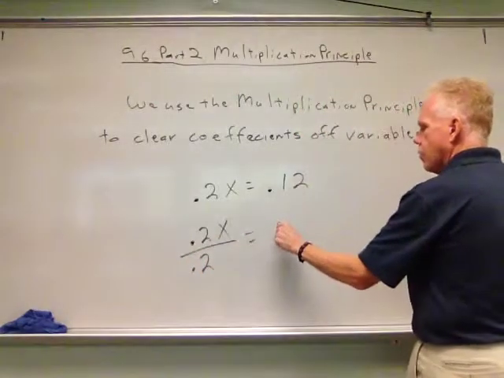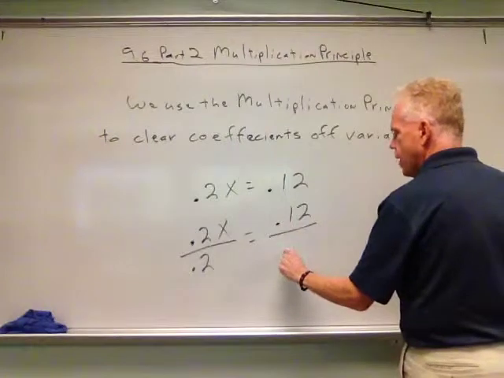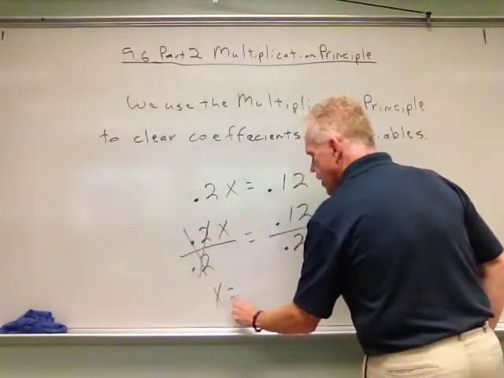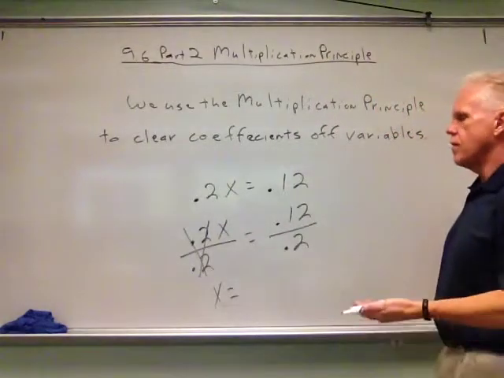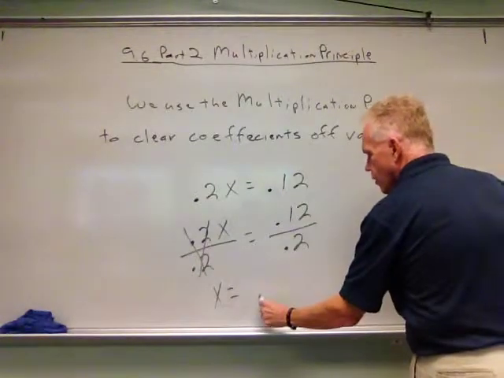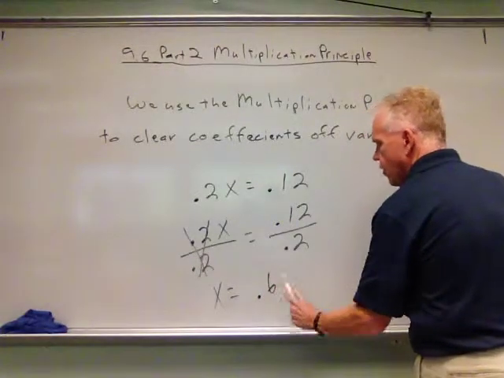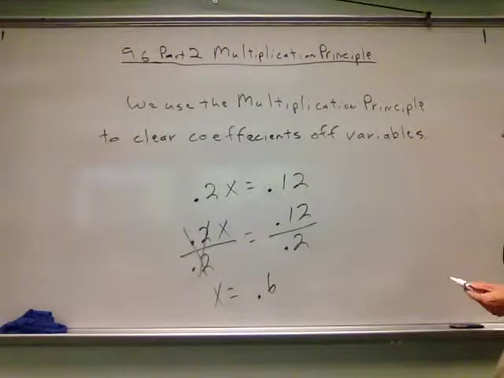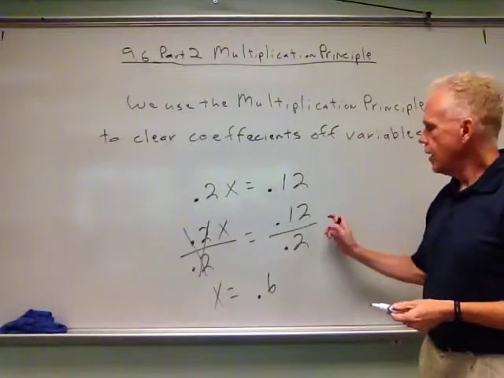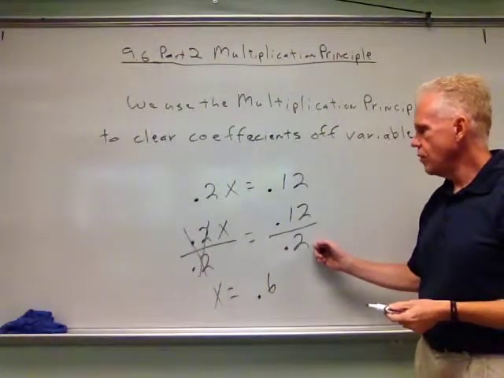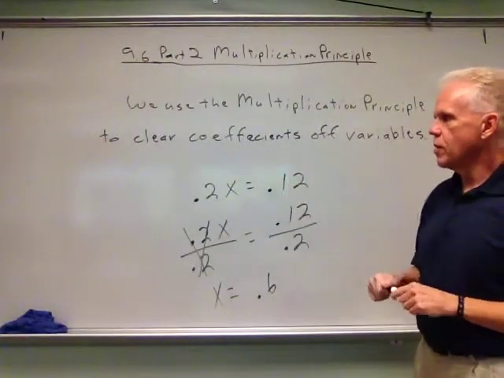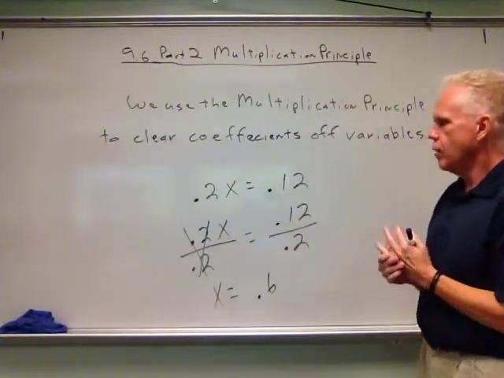And over here I take 0.12 divided by 0.2. That would cancel, leaving me x equals 0.12 divided by 0.2. I believe it's going to be 0.6. Yeah, 0.6 is my answer. Actually when I get it to this point, I could probably use my calculator and do 0.12 divided by 0.2, and you would see your answer is 0.6. So even if it's a decimal number coefficient, we can work it the same way.